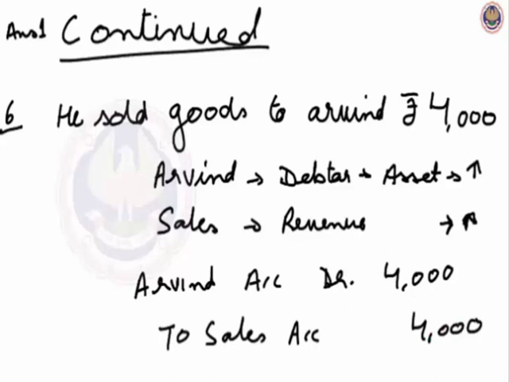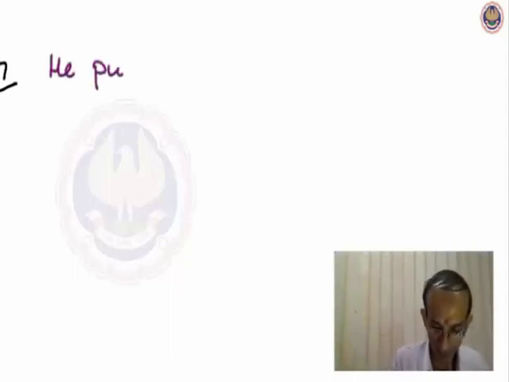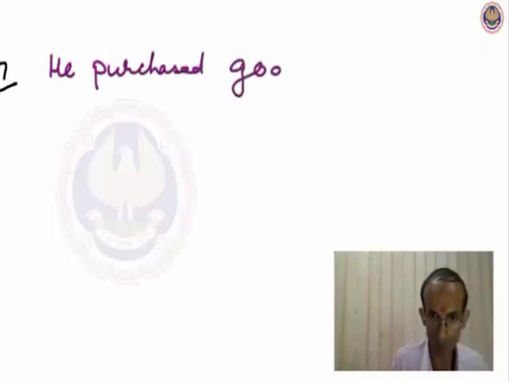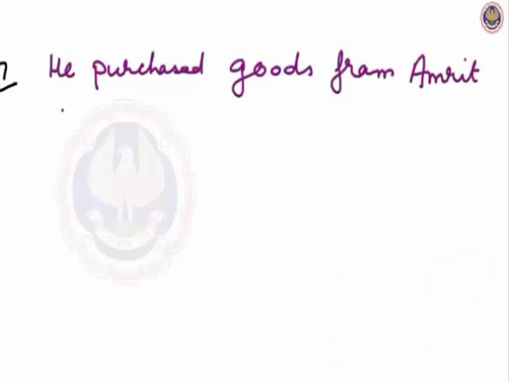Now let us see the seventh transaction. He purchased goods from Amrit for rupees 10,000.